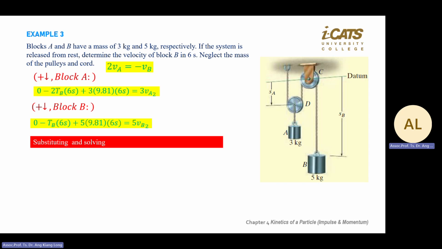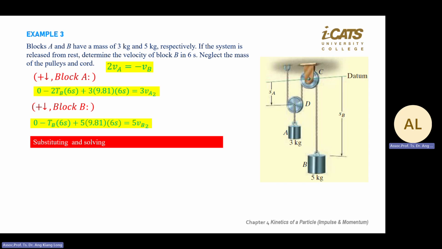You have VA equal to minus VB, one equation from the rope, from the pulley system. Then you have these two. You eliminate TB by multiplying by 2, then you subtract. Understand? Who doesn't understand what I'm talking about?